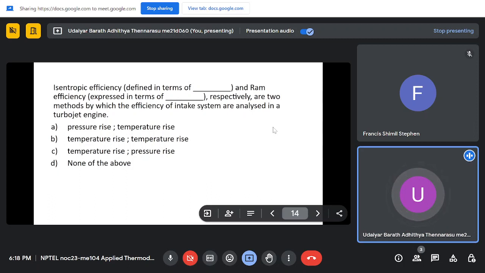That's how you compare the isentropic efficiency. In the ideal case, you assume specific heats are constant, so you can express enthalpy in terms of temperature. So isentropic efficiency is defined in terms of temperature rise. And ram efficiency, as I told previously, is about converting kinetic energy into pressure energy, so that is defined in terms of pressure rise. So the answer is option C, isentropic efficiency in terms of temperature rise, and ram efficiency in terms of pressure rise.